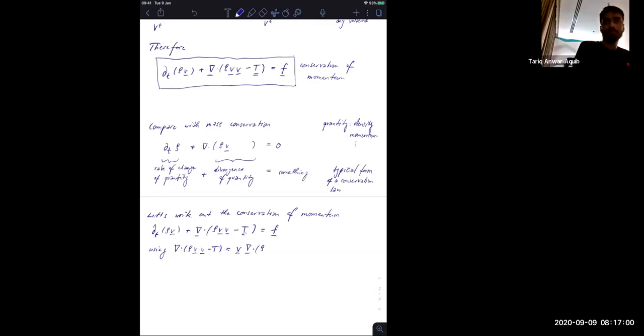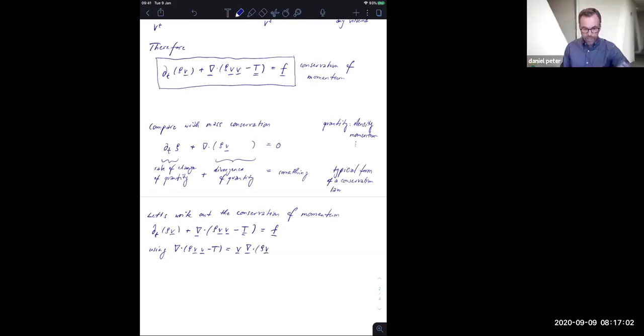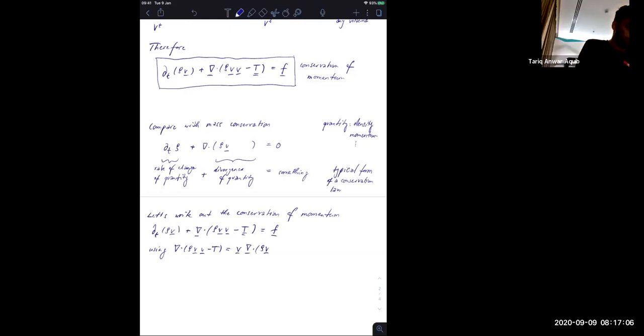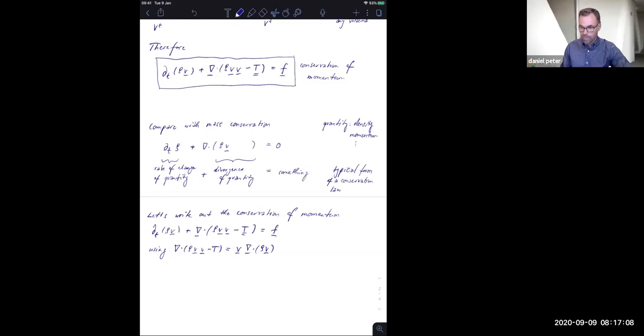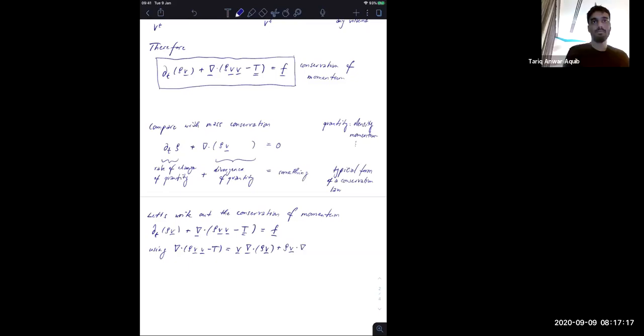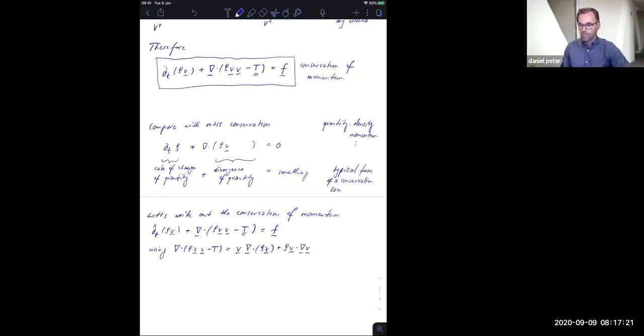So we end up with terms where we have V times the divergence of rho V plus rho V dotted with the grad V, minus the last term we end up with, the divergence of the stress.